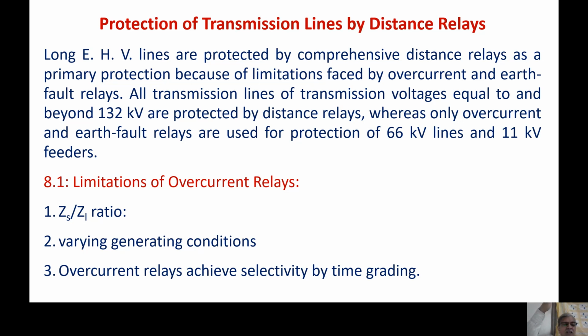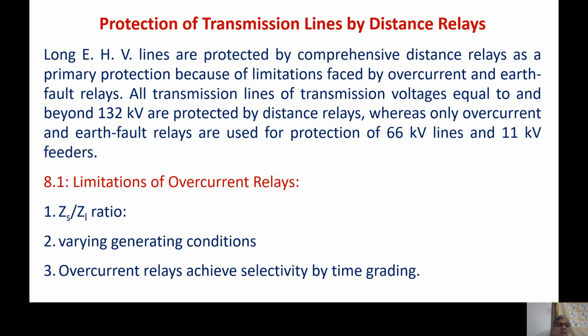The relay will operate, otherwise the relay will block. Now, this local voltage has nothing to do with what is the source, because I am not measuring the source impedance. Therefore, it is practically not affected by the ZS by ZL ratio.